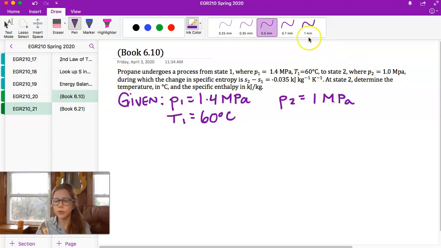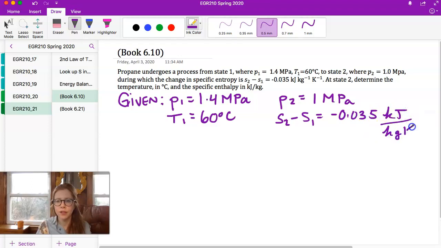During this process, from 1 to 2, the change in specific entropy, S2 minus S1, is equal to minus 0.035 kilojoules per kilogram Kelvin.